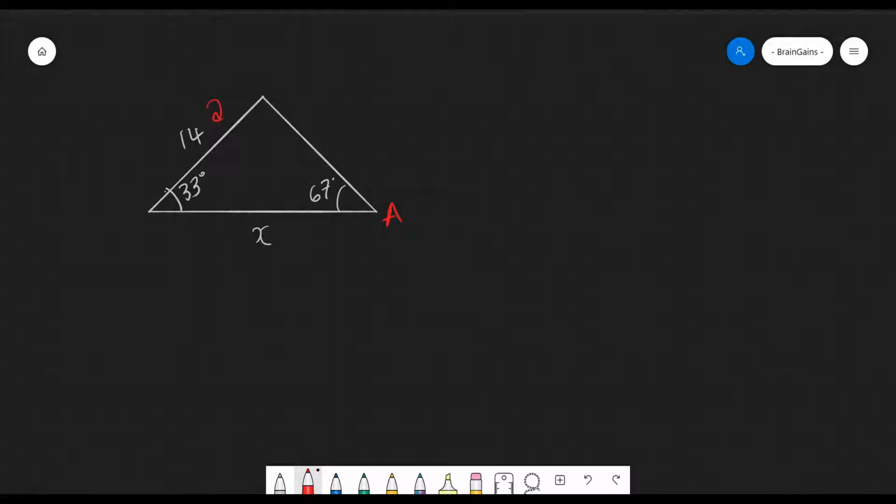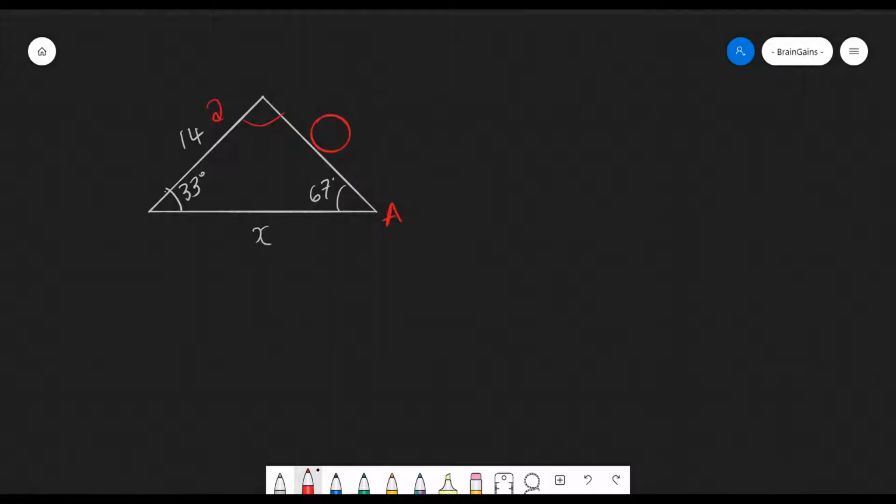Now remember, the sine rule helps us find corresponding sides or angles, which means because we have the angle 33 degrees, we would actually be finding this side over here. But we don't want that side. We want the side of length x. So what we would need is this angle.